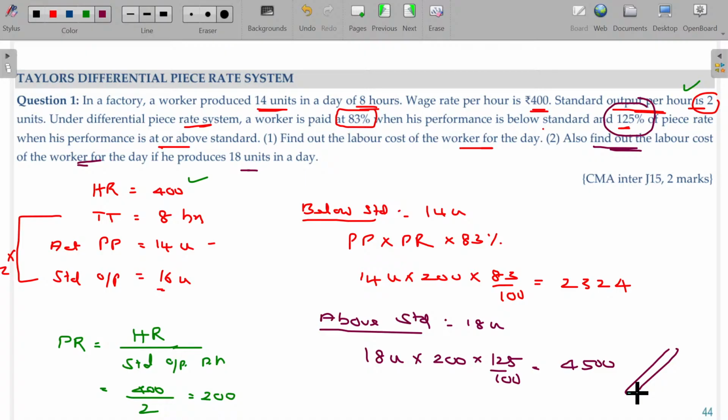Finish up copying. We'll move on to the next illustration.